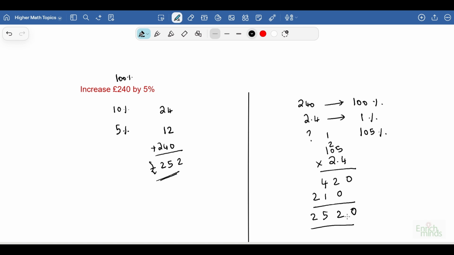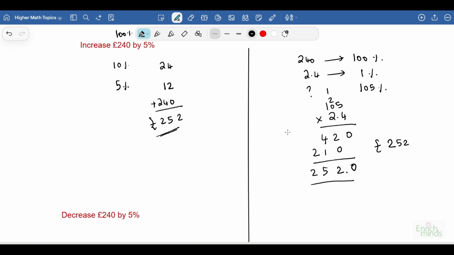Since there is a decimal, we take away the 0, so we have 252 pounds, which represents 105% of 240 pounds, which in other words means we have increased 240 pounds by 5%. So this is an alternate approach.